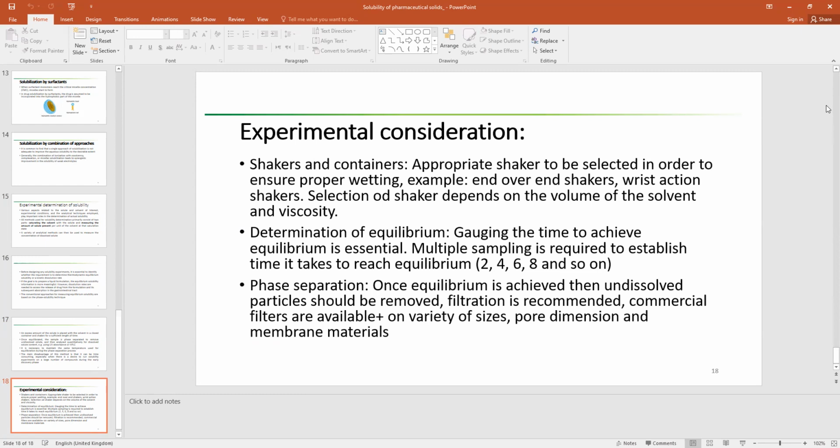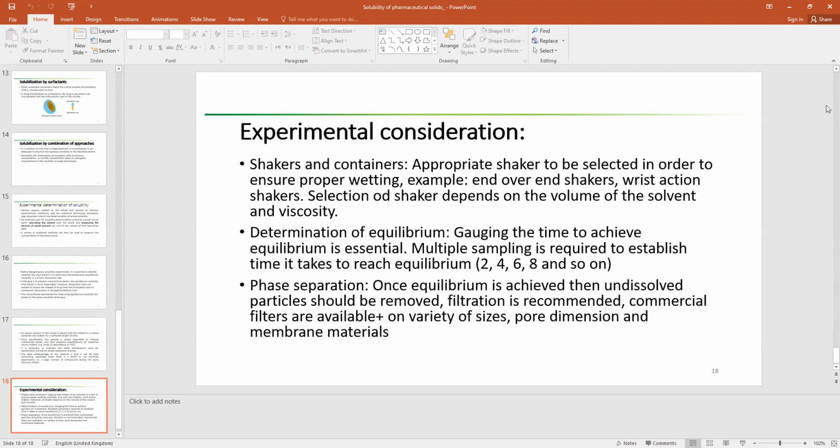For example, the shakers and containers. Appropriate shakers should be selected to ensure proper wetting. There are a variety, like end-over-end shakers and reciprocating action shakers, that you can select depending on the volume of the solvent and the viscosity of the solvent you need to use.